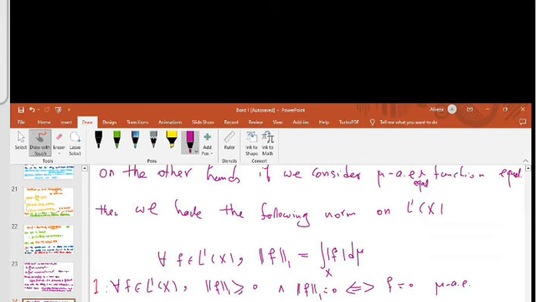The norm of f plus g, norm 1, equals this integral, and this is less than or equal to this integral of the absolute value of f plus the absolute value of g, d mu, by the triangle inequality in complex numbers, okay?